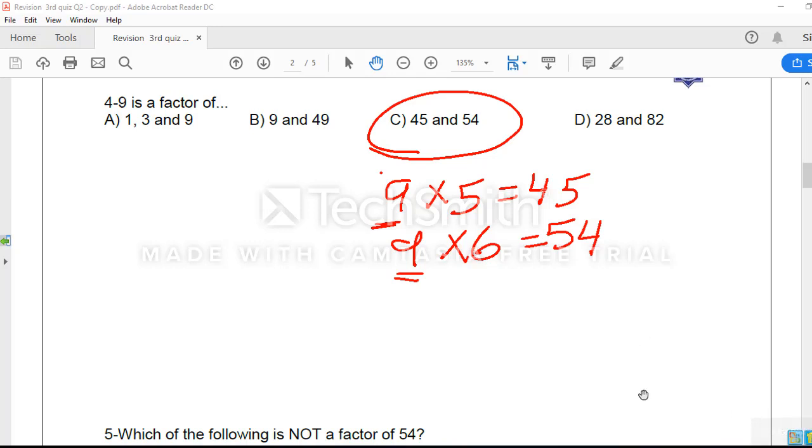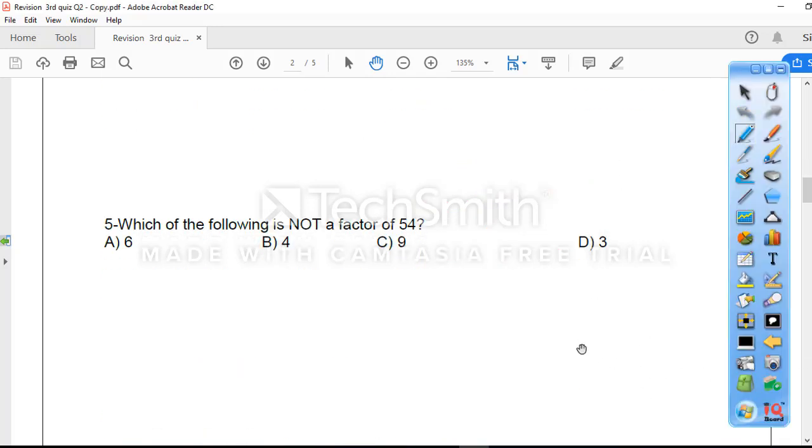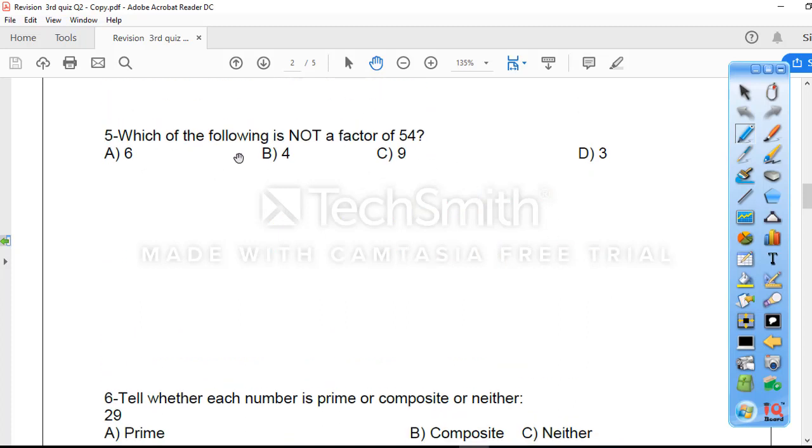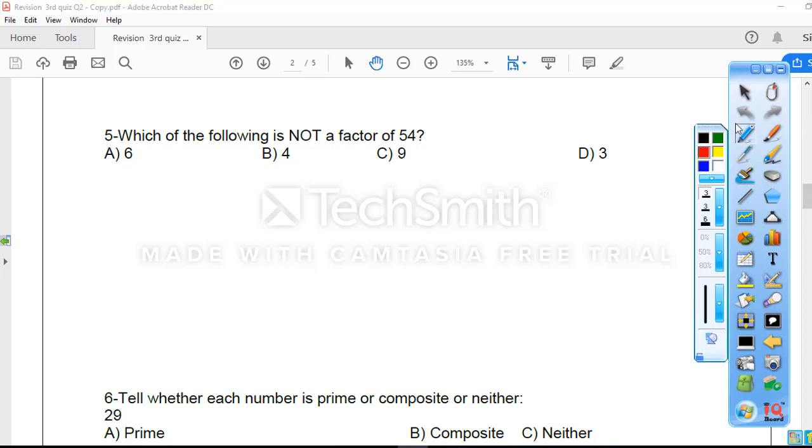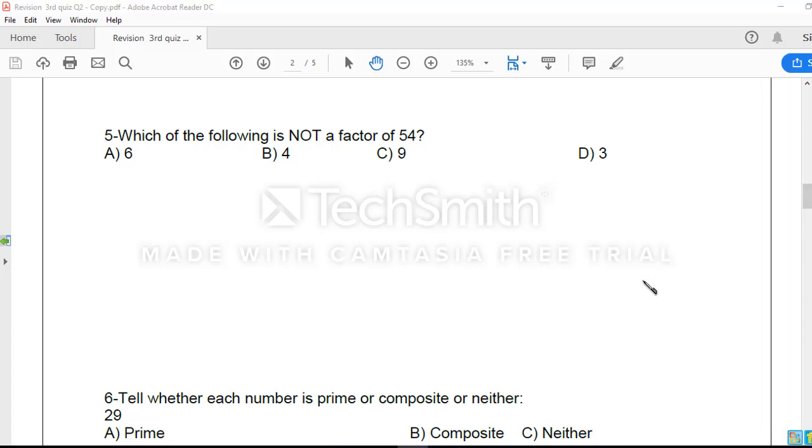Next question. Question 5. Which of the following is not a factor of 54? As we did before, I'm going to ask myself about 54. It can be 54 times 1.